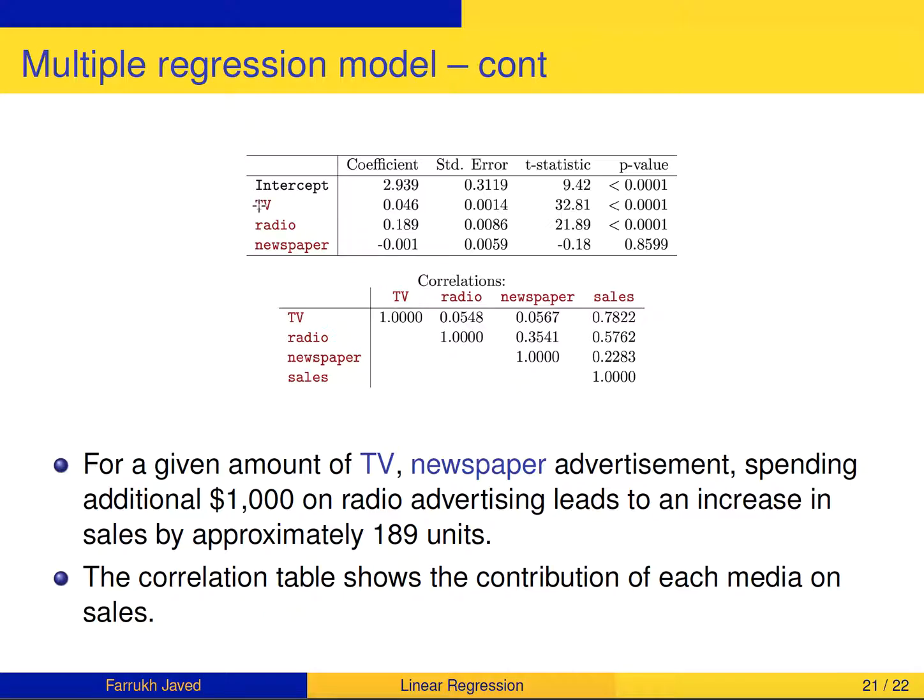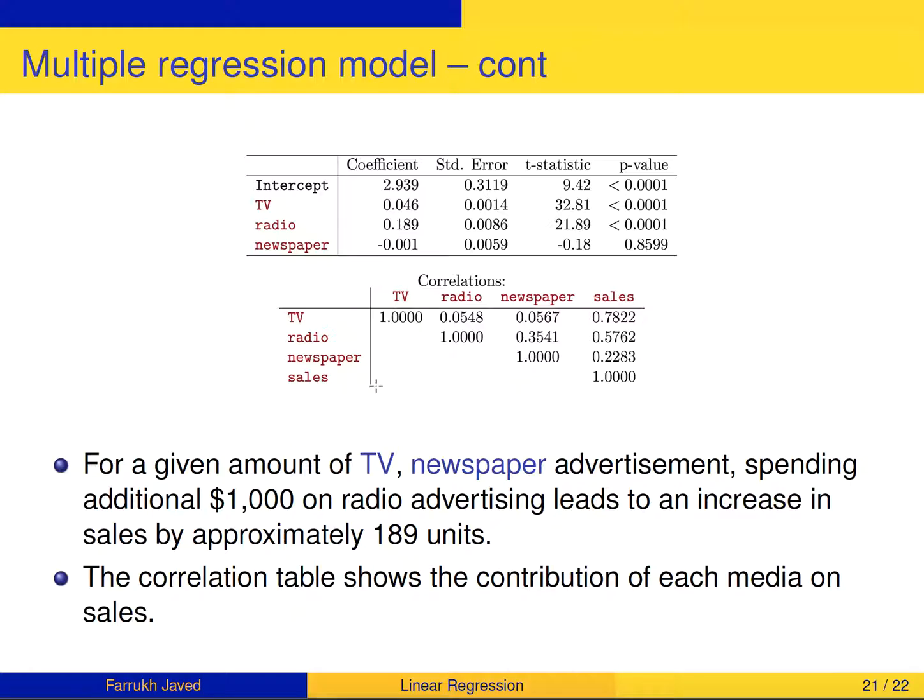If you want to know how much TV gives you, don't care about radio and just multiply this by 1000 and you will get a figure. For only radio, if I spend 1000, I'm going to sell 189 units, right? Over here you can see that.